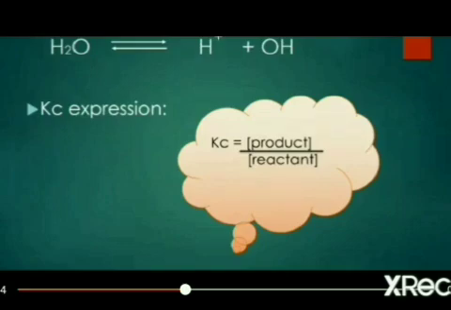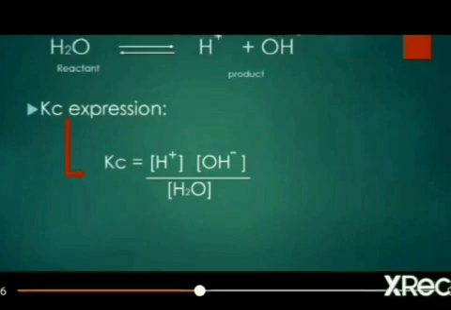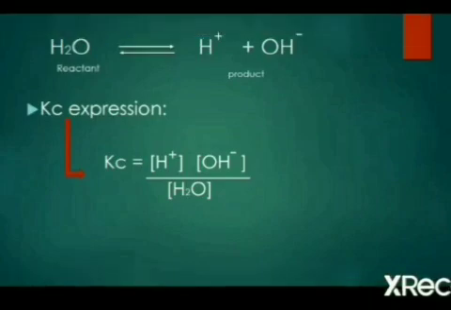You know what is Kc? Kc is product upon reactant. What is product in this reaction? H plus and OH minus are products, while water is the reactant. So we have written Kc as product upon reactant.